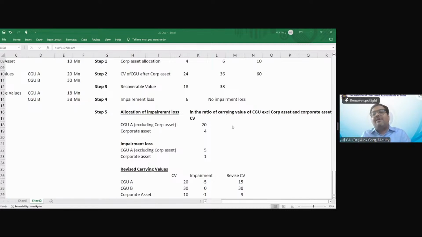After that you will calculate the revised carrying value and accordingly charge the impairment loss. This will not hold good for a CGU; this will hold good for an individual asset's recoverable value. This is the guidance given in the standard.